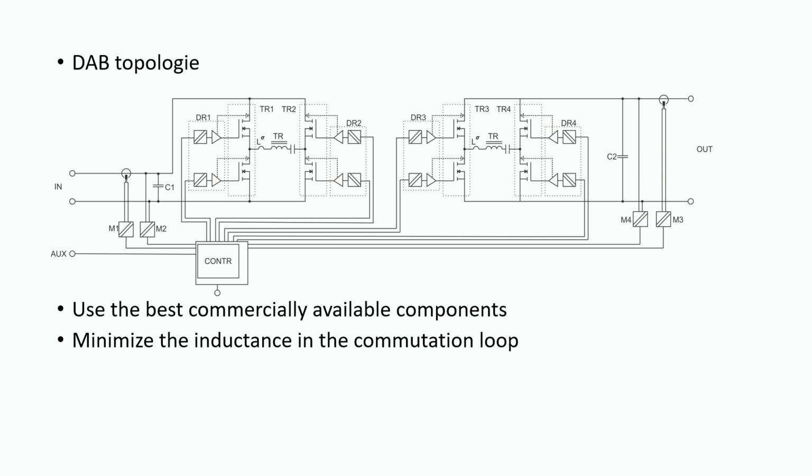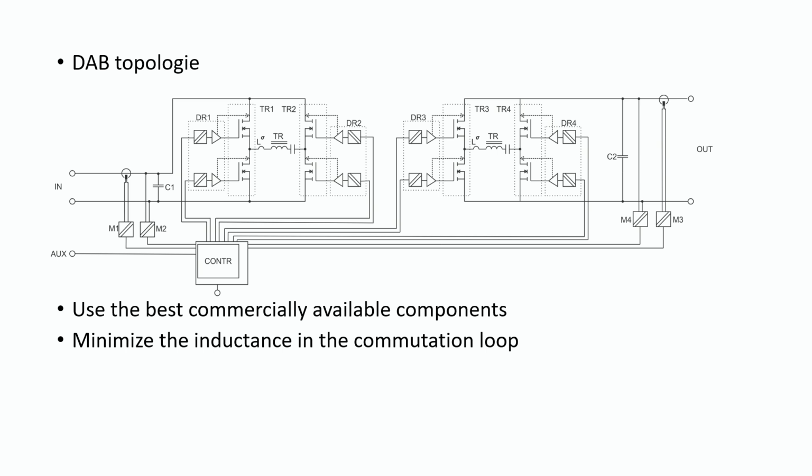And in between we have a transformer with commutation inductance that could be inside the transformer or as a separate component, and DC blocking capacitors. And we also need to measure voltage and current on input and the same on the output. And we need a controller.